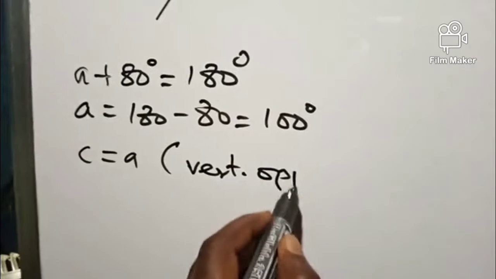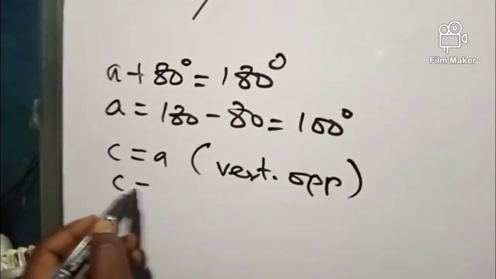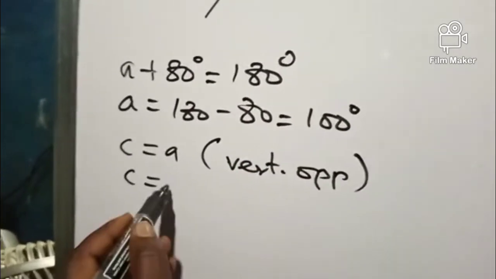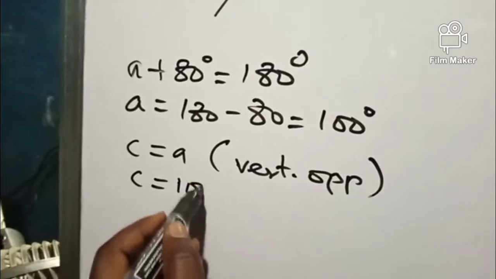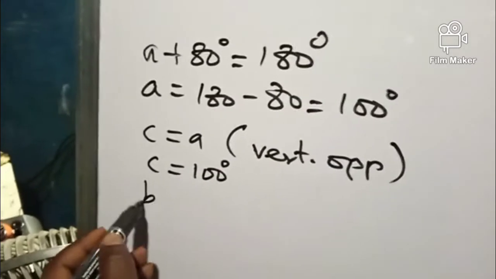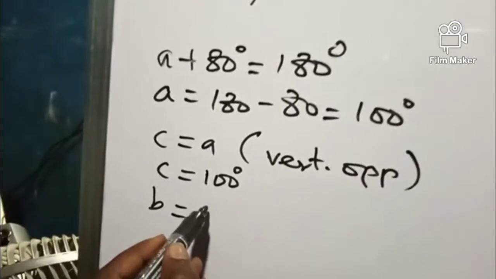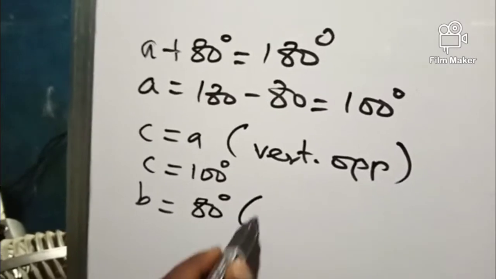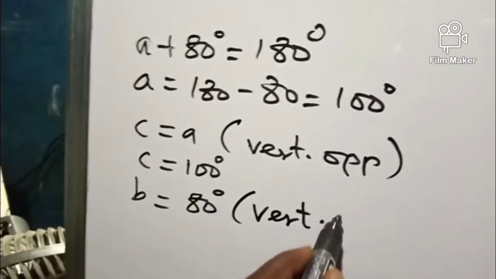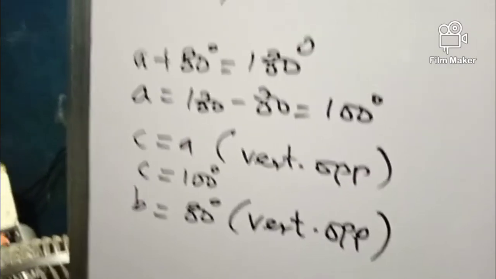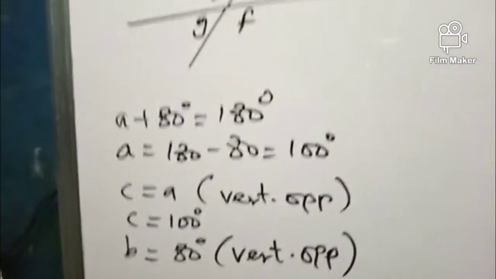Then since A is equal to 100, C also will be 100 degrees. Then B is facing 80 degrees. So B and 80, they are vertically opposite. We can say B is equal to 80 degrees because they are vertically opposite angles. And vertically opposite angles are equal.